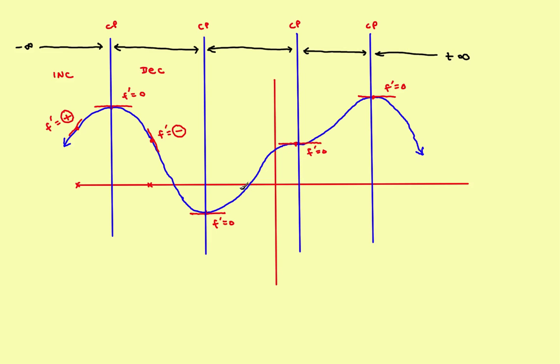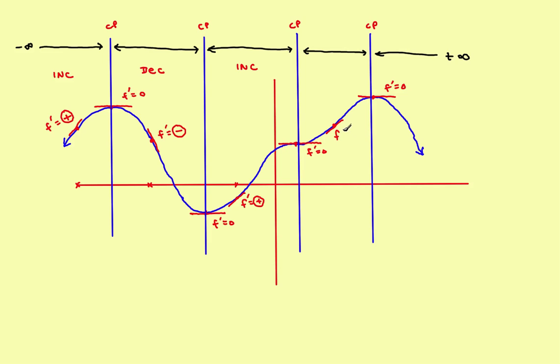Then again, I'll pick a convenient test point, say right here. Find the slope of the tangent line at that point. That's got a positive slope, which tells me that f prime is positive. It's increasing. So in this interval, I know that it is increasing. Then in this little interval over here, again, I'll pick a test point, find the slope of the tangent line.